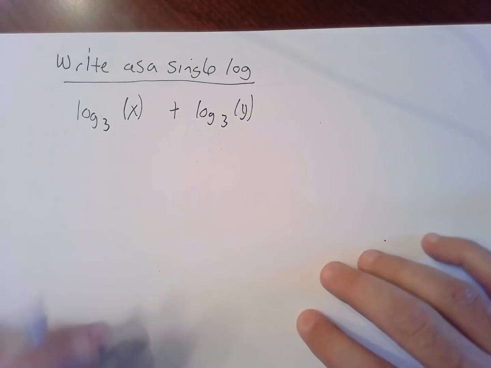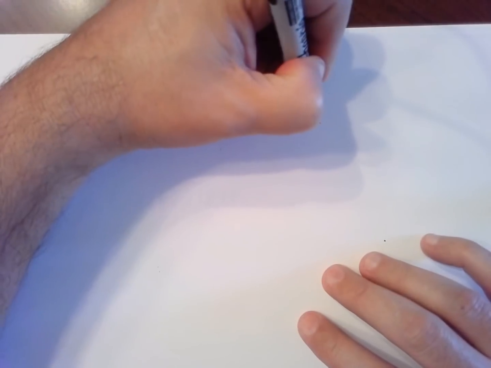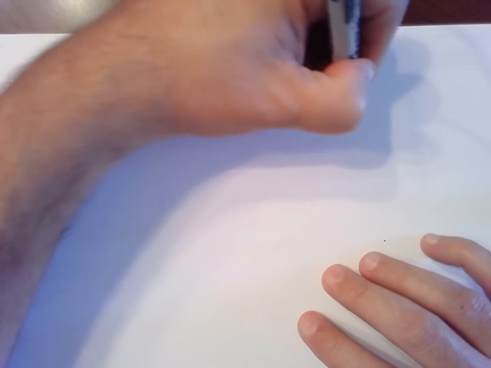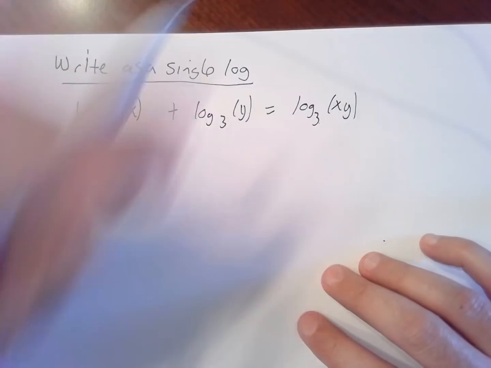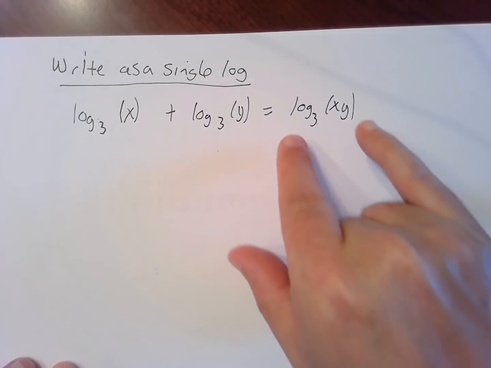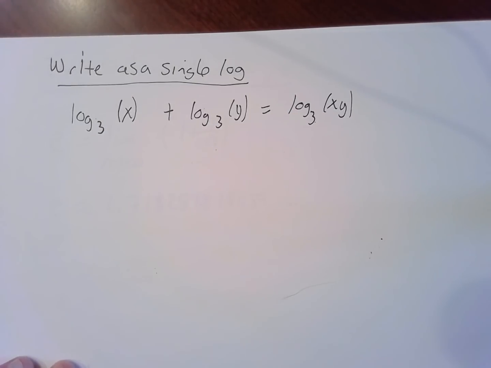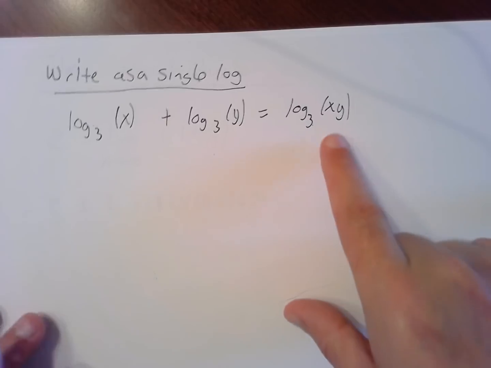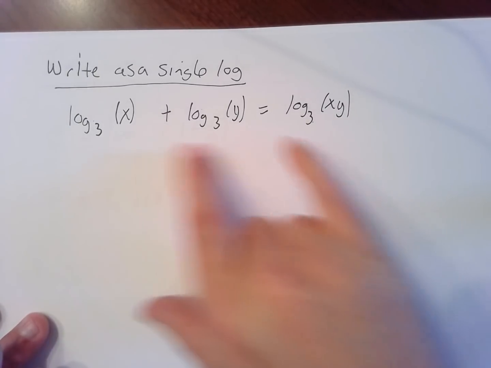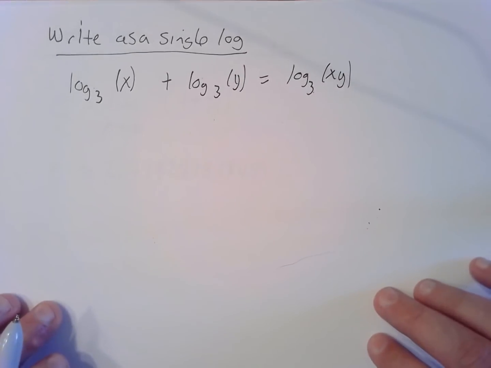Added outside becomes multiplied inside. The sum of two different logs becomes a single log. That's my goal with single log, where these things that were added outside become multiplied inside.